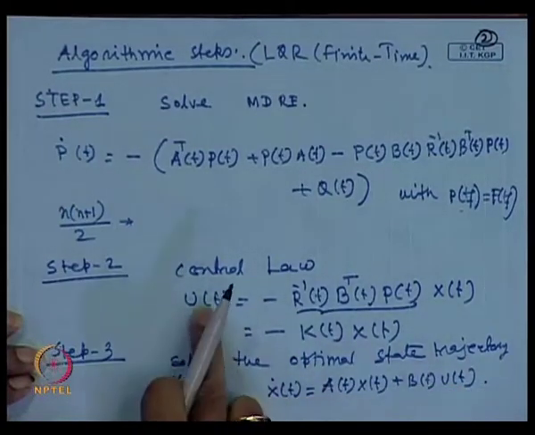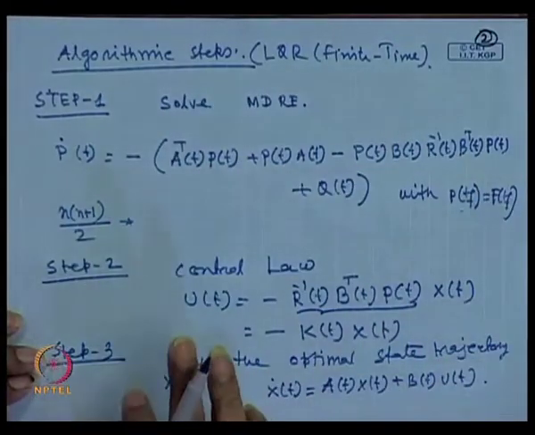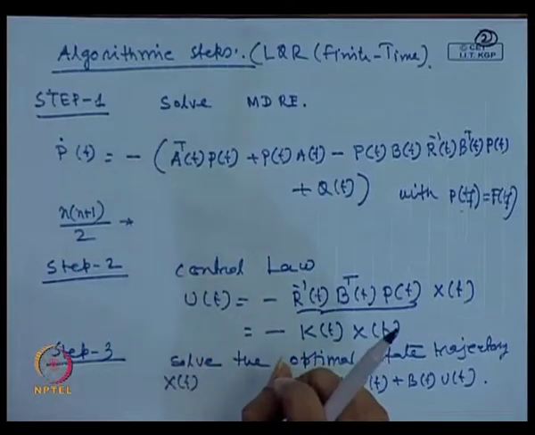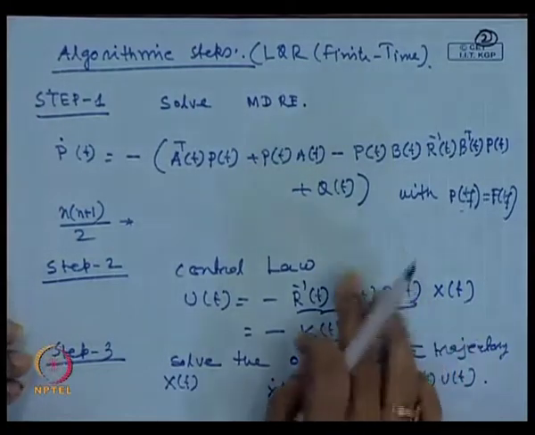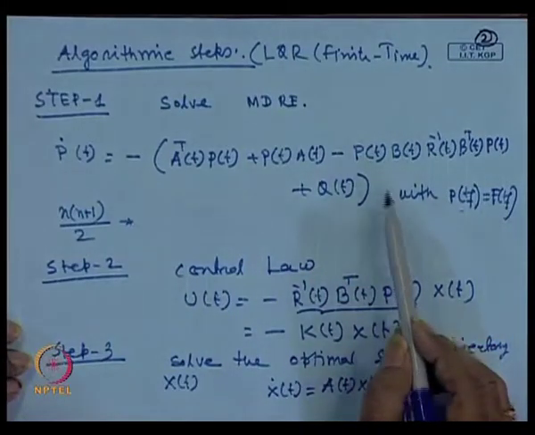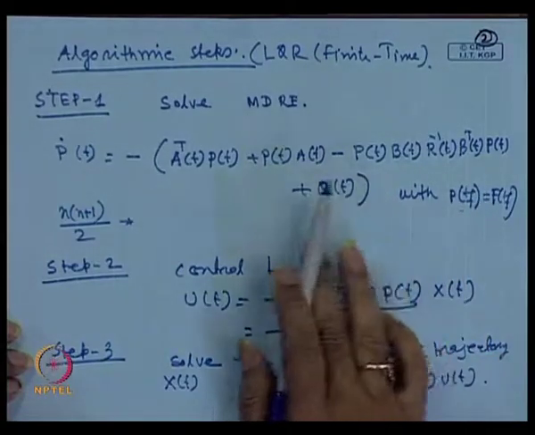This u of t we can compute from step 2. So, this way you have to solve it. And now, question is, suppose the matrices A of t, B of t are time invariant, that means these parameters do not change with respect to time, and also the state weighting matrix Q and the input weighting matrix R do not change with time.